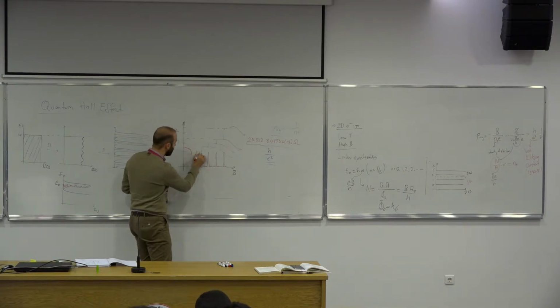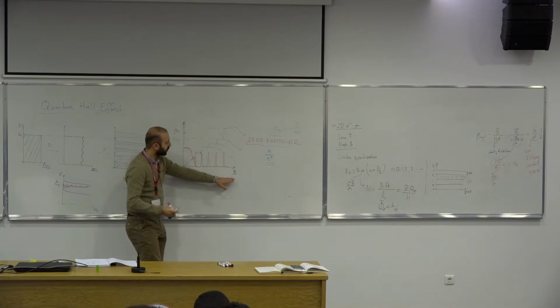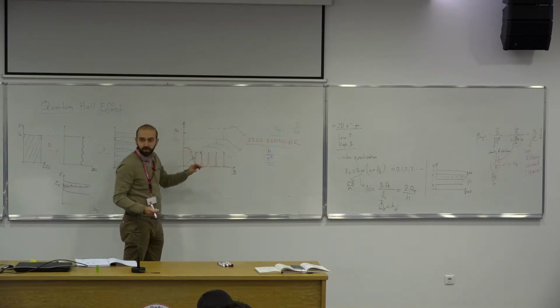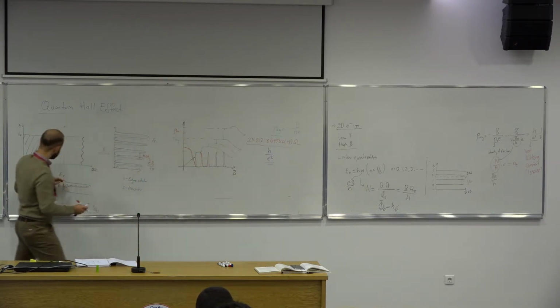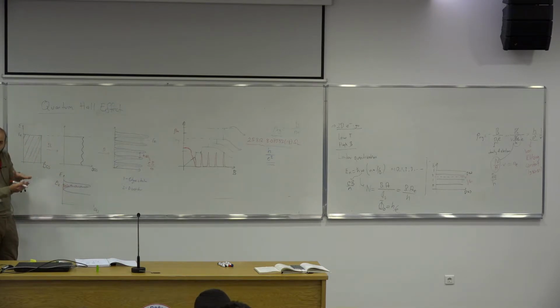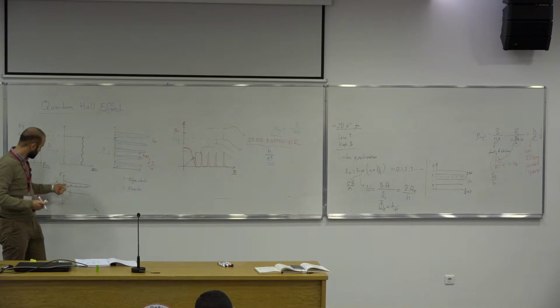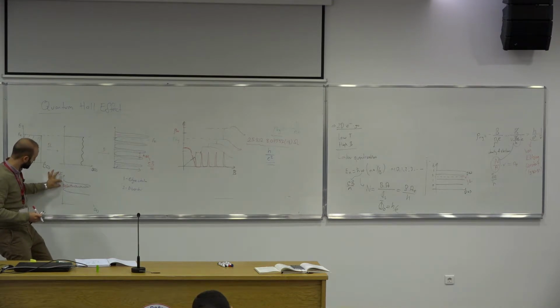Also, it explains why for a range of magnetic fields that certain value of rho xy persists, because as I enter through this broadened Landau level, it takes a certain amount of magnetic field, B, to cross this whole broadened level.